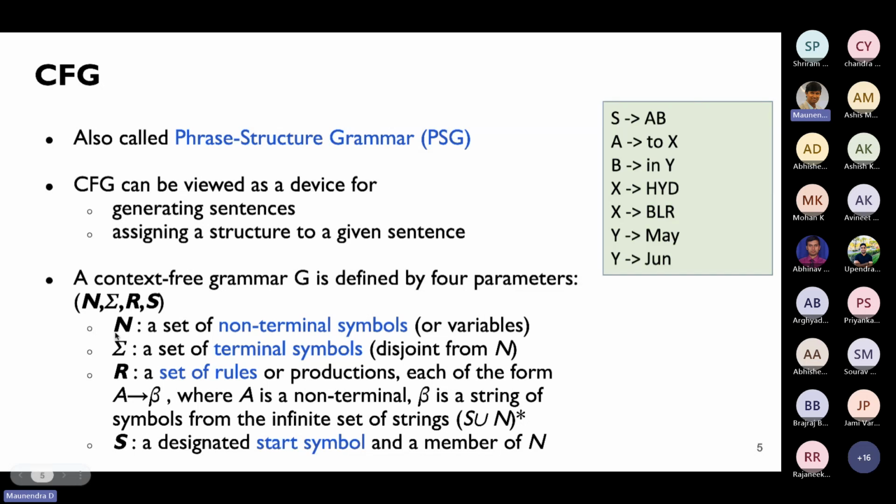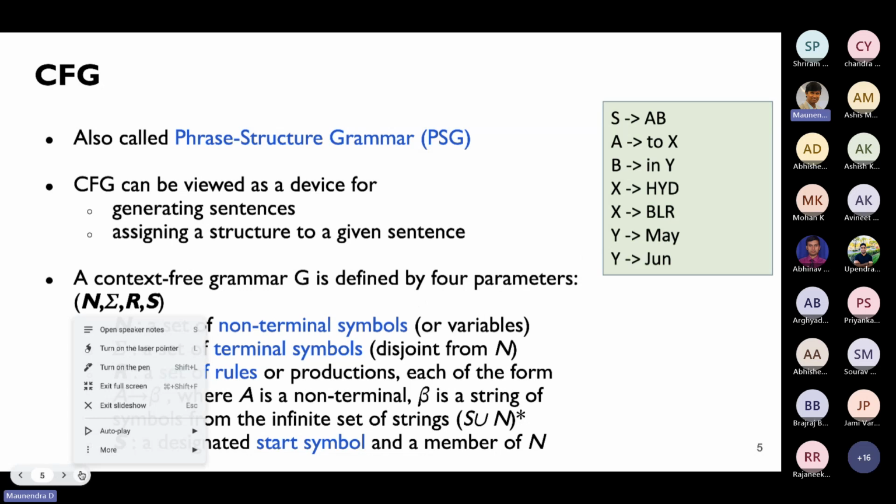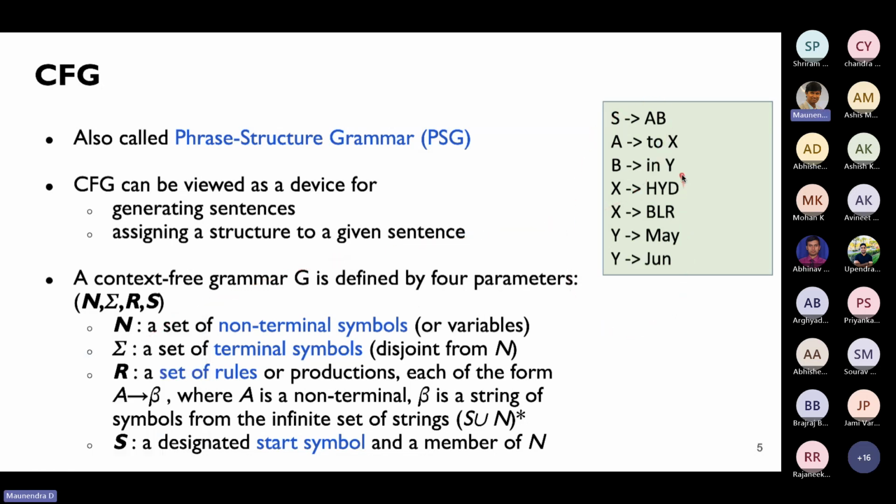So this is an example of a context-free grammar. What we see is that this grammar is nothing but a collection of rules. We have 1, 2, 3, 4, 5, 6, 7 rules. What do the rules say?